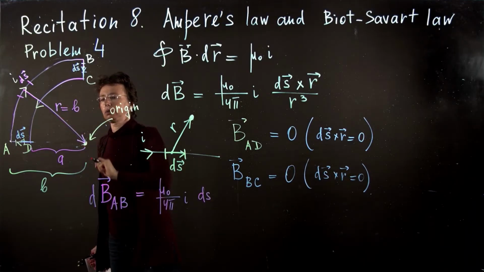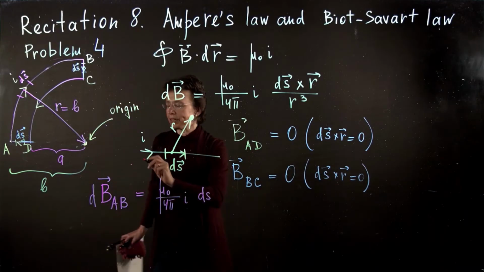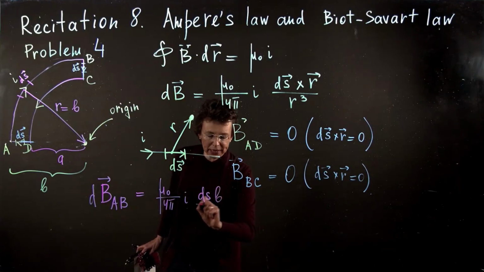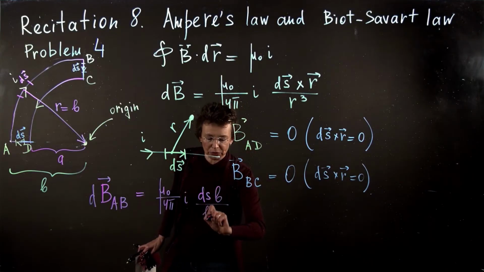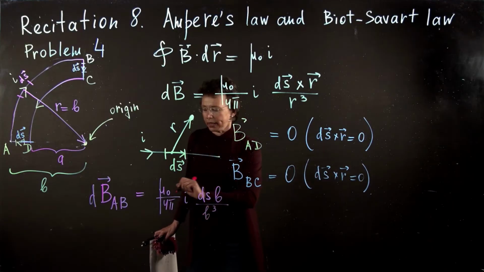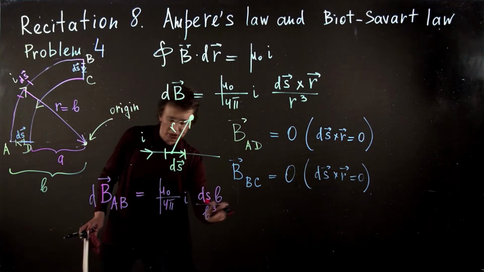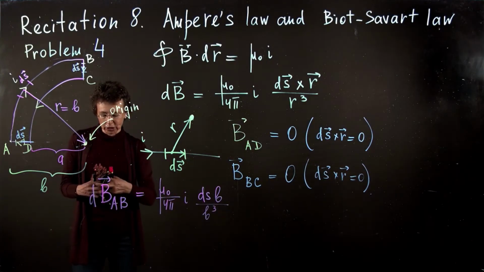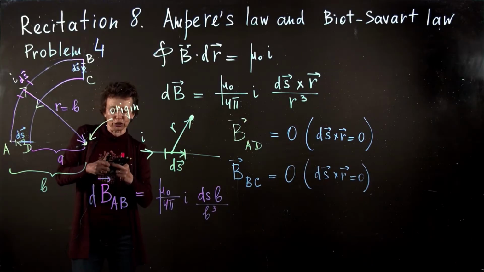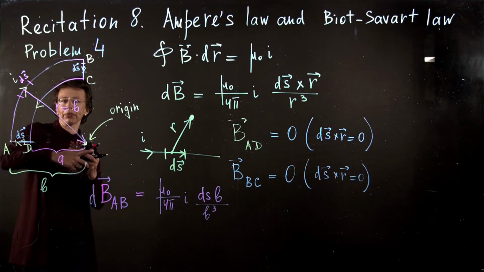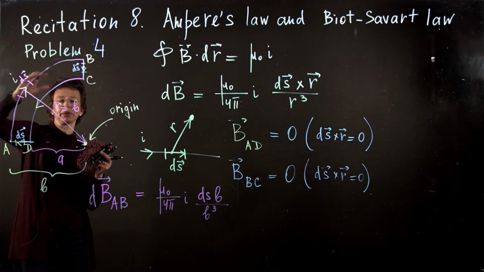I will remove this vector sign. ds times B divided by r cubed, that is B cubed. And I have a vector sign on the left, so I have to have a vector sign on the right. What is the direction of the lines of the magnetic field created by this segment AB?